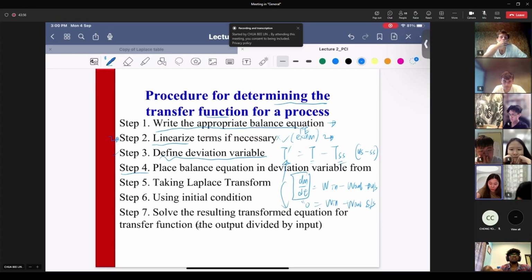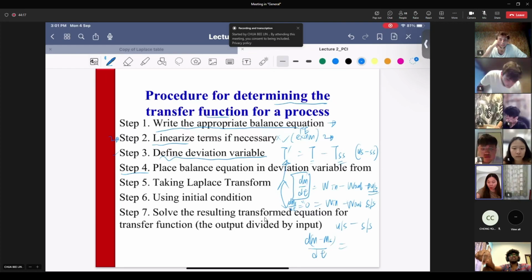So these two will be the unsteady state mass balance minus the steady state mass balance. If I want to indicate steady state, I will put dm subscript s over dt. So d(m minus ms) over dt will be the equation of unsteady state minus steady state.